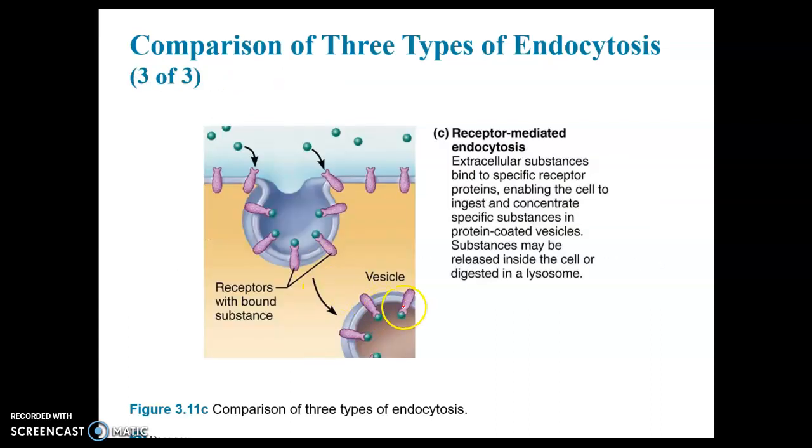And then they're going to form a vesicle that's coated with clathrin or something else. But the main thing is that the substance being brought into the cell binds to these receptors, and it's very specific. Only that specific substance will be brought in because it has to be able to bind with those receptors.